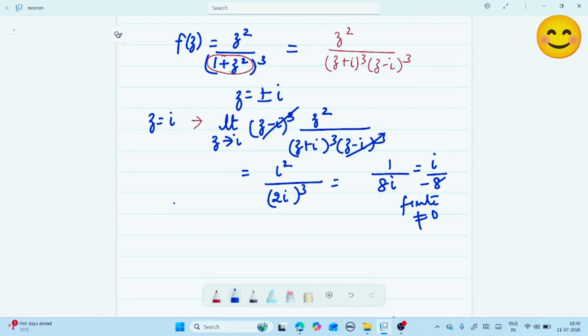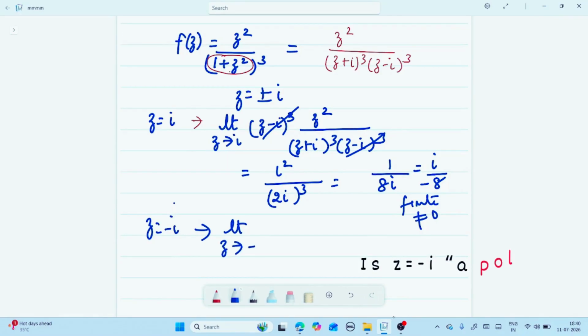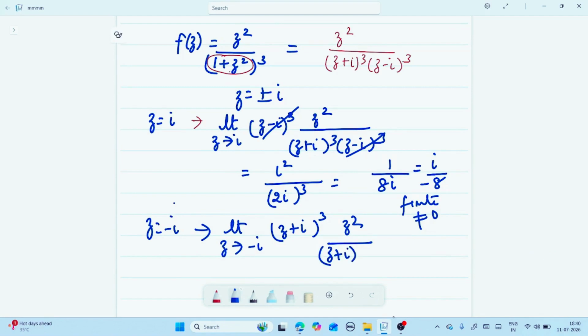Now coming back to z equal to minus I. To find the limit for this, just find in a similar way limit z tending to minus I. Then here you will have z plus I the whole cube, according to the definition, into z square by z plus I the whole cube into z minus I the whole cube. So here again you can just find the limit.